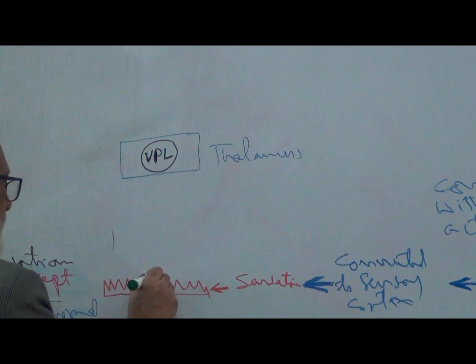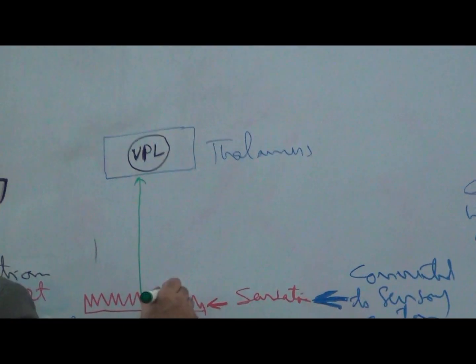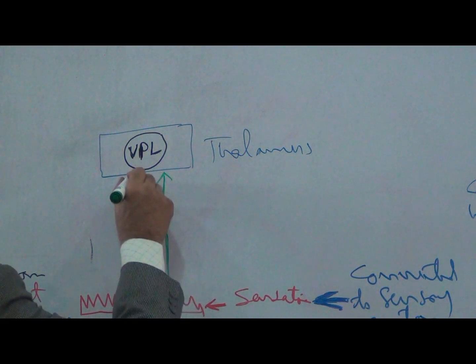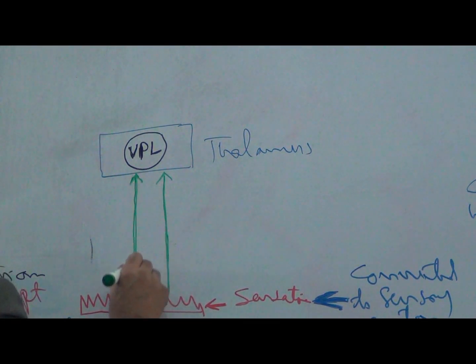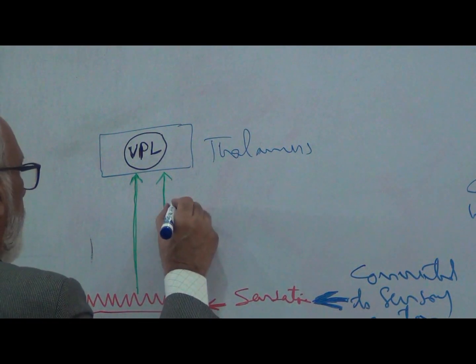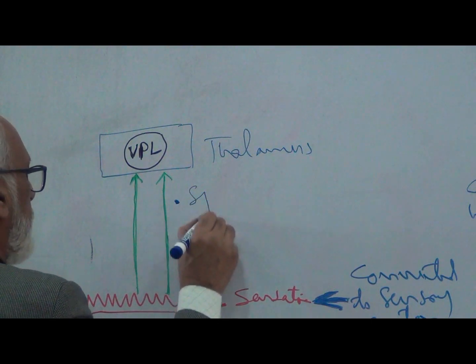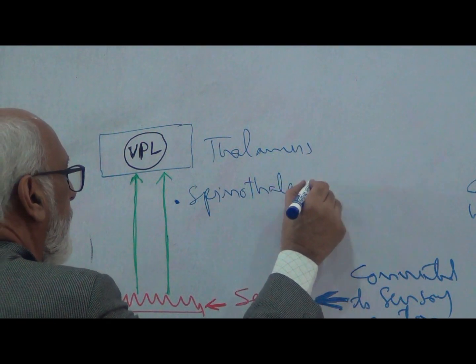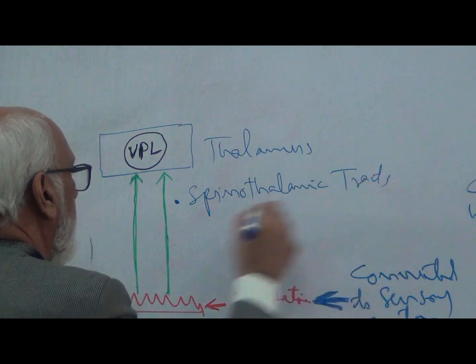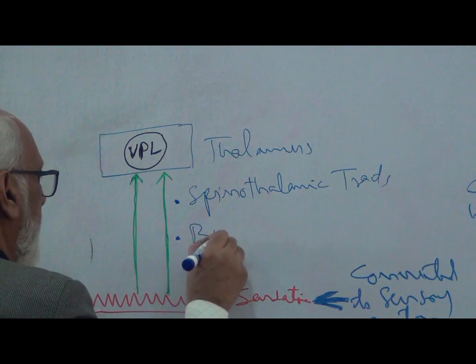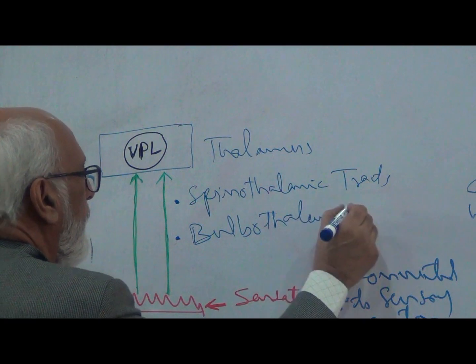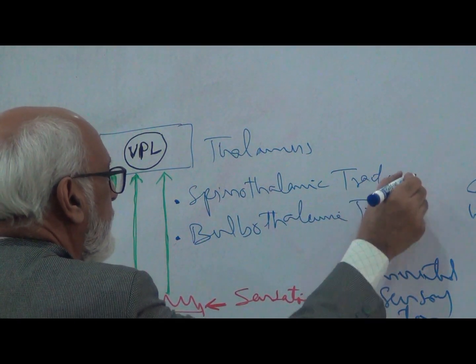So sensations are carried to the thalamus, where they are relayed and crudely integrated, via tracts. What are the tracts? Number one, spinothalamic tracts, and number two, bulbothalamic tracts.